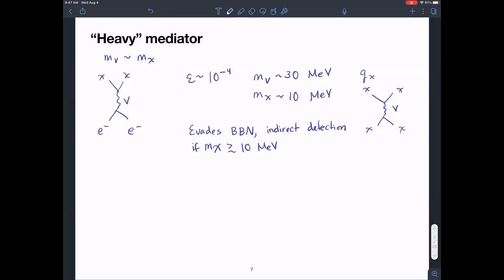And then to satisfy all the indirect detection constraints, this chi could be asymmetric dark matter, as talked about, or it could be a scalar dark matter candidate, in which case this is a P-wave suppressed annihilation.